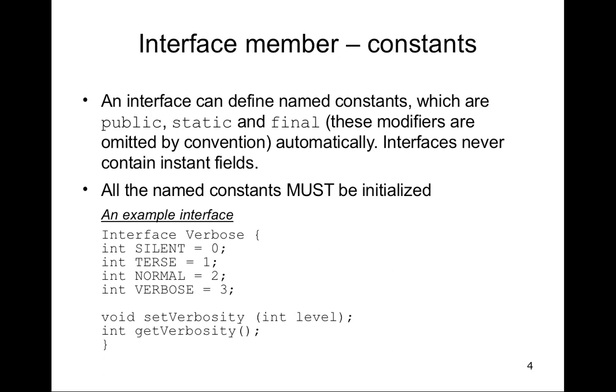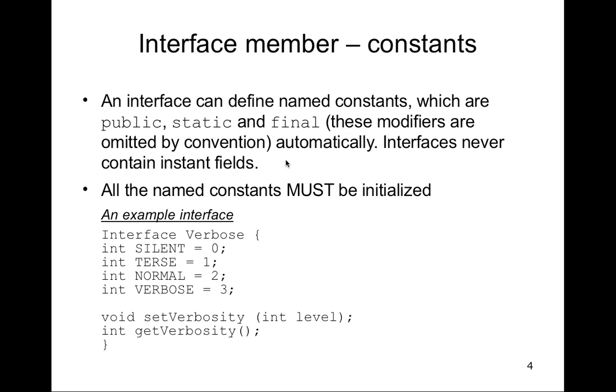So, interface member constants. An interface can define named constants, which are public, static, and final, automatically actually. These modifiers are omitted by convention because they're automatic. Interfaces never contain instance fields. You can't create an instance of an object of type interface because it doesn't exist. The same reason why you can't make an instance of an abstract class either.